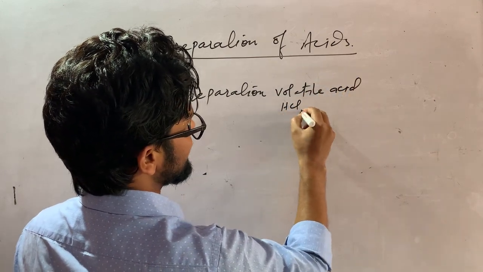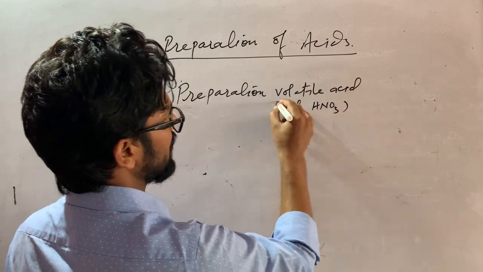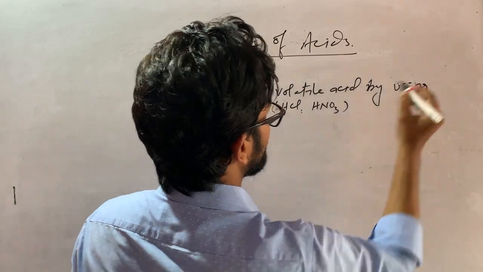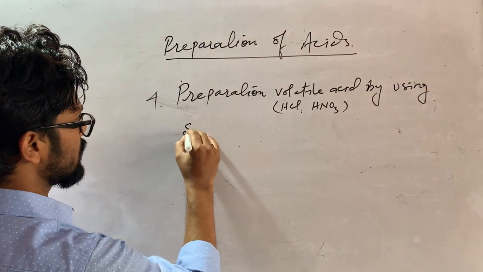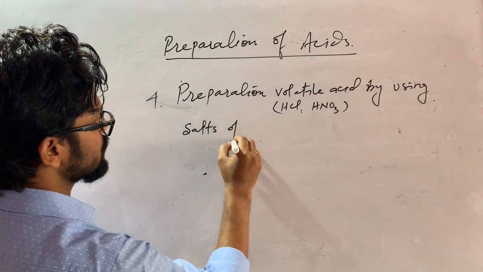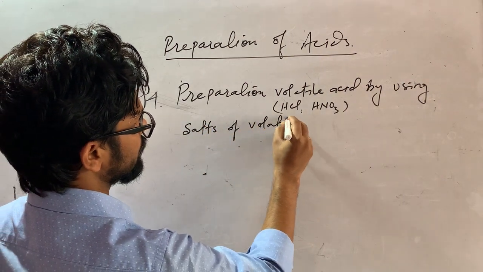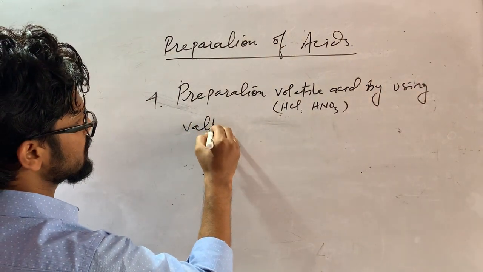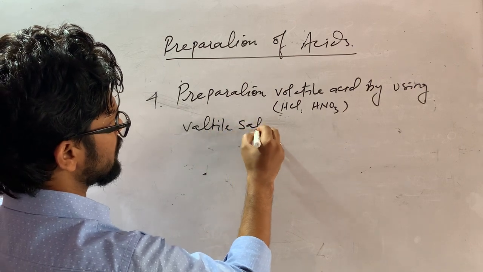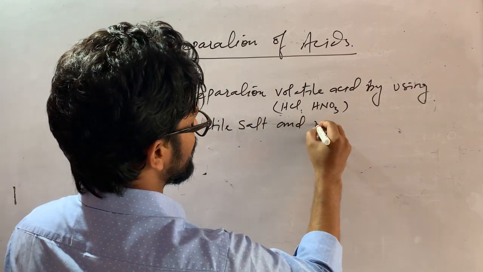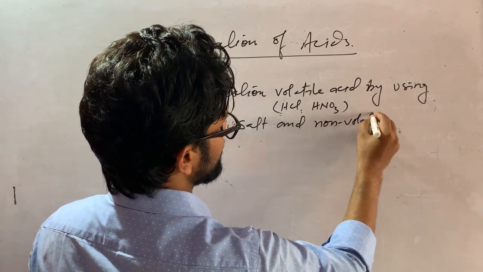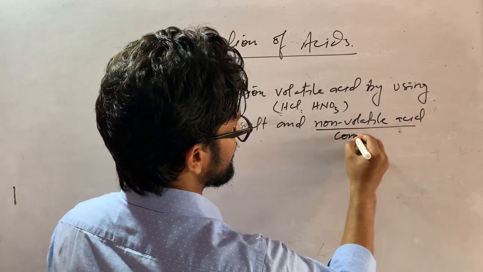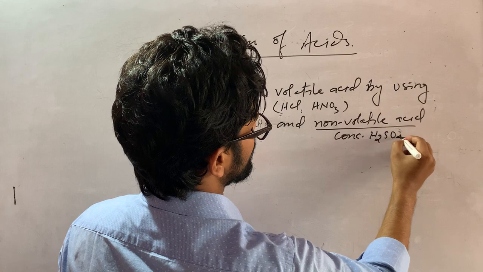Volatile acid means HCl and HNO3, which may volatilize, by using salts of volatile acids and non-volatile acid. An example of a non-volatile acid is concentrated H2SO4.